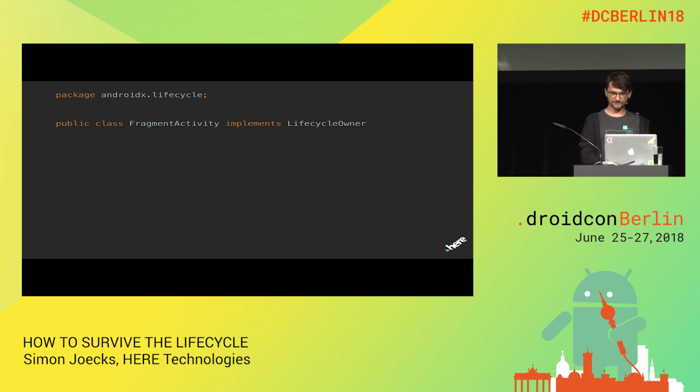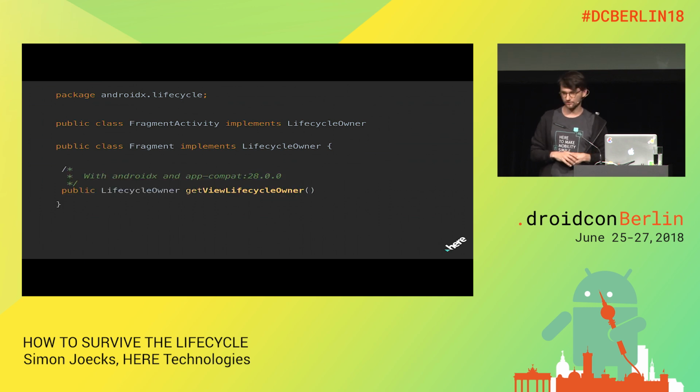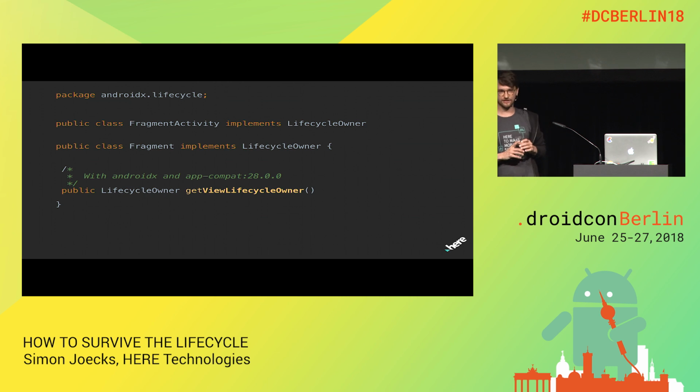The first 2 are the fragment activity lifecycle owner and the fragment lifecycle owner, and the new one introduced with Google I/O 2018 is the view lifecycle owner. That's a particular one because it's a little bit different. It's not totally intuitive what it is doing and why it is there. Who of you actually heard of the view lifecycle owner?